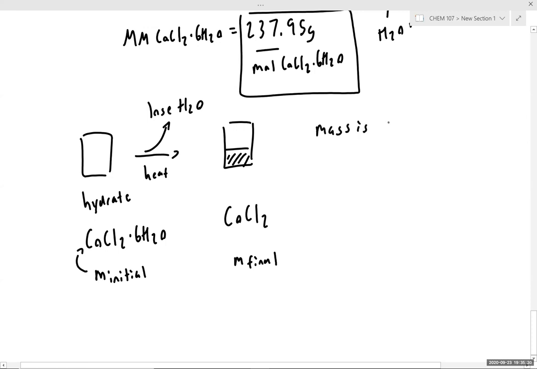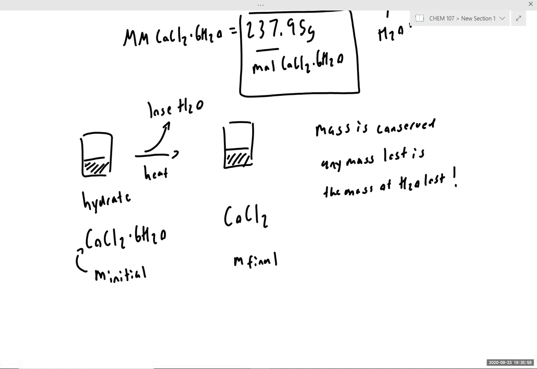So mass is conserved, and as a result, any mass that is lost is the mass of water lost. Right? Because we're losing water when we heat our sample. Does that idea make sense? Right? We're losing water. The mass that we lose is the mass of water.